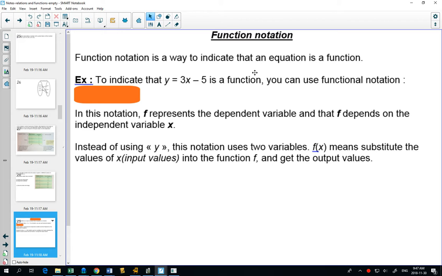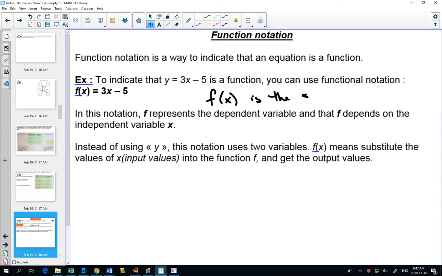So to indicate that this is a function, instead of writing y equals, we can write f of x equals. Basically the idea is that f of x is the same as writing y. It's just function notation instead of other notation with a y value.